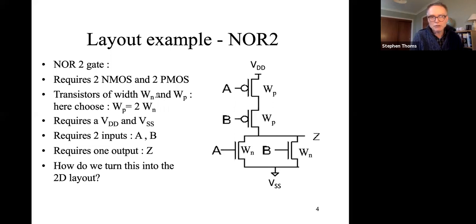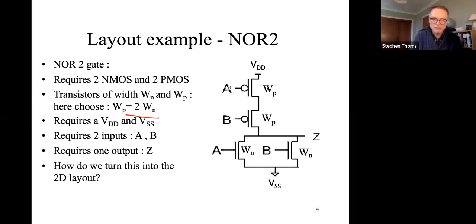And we can, for instance, choose that the width of the P type would be twice the width of the N type. We, of course, also need a power supply. So you've got VDD and VSS down here. And we've got an output Z and two inputs A and B. So that's the circuit diagram.